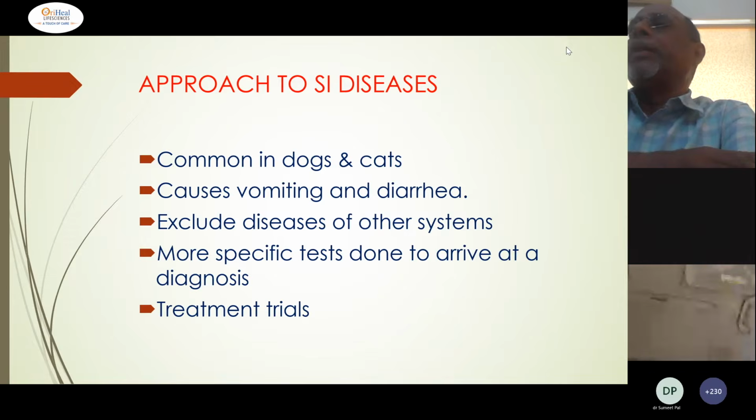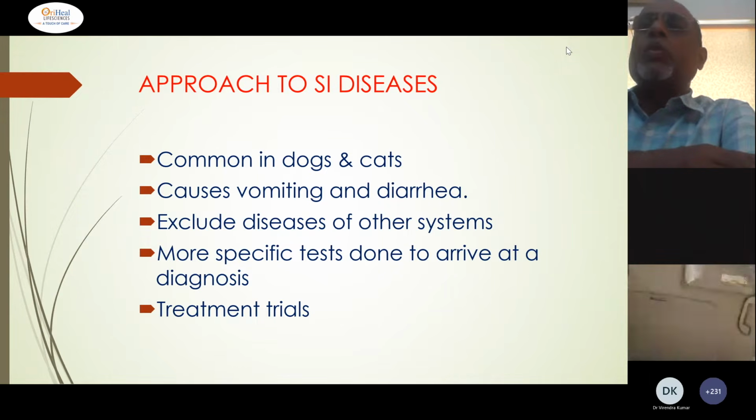So with that, I'll go into the subject, approach to small intestinal diseases. Small intestinal diseases are very common in dogs and cats on a day-to-day basis. Almost 60 to 70% of a veterinarian's caseload will be cases of vomiting and diarrhea in small animals.